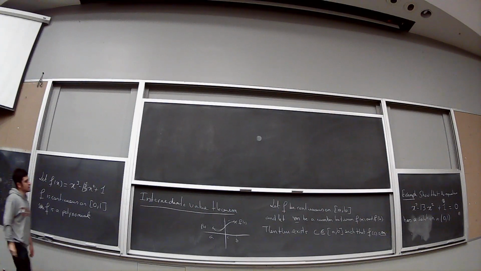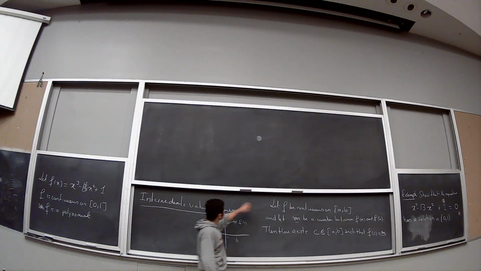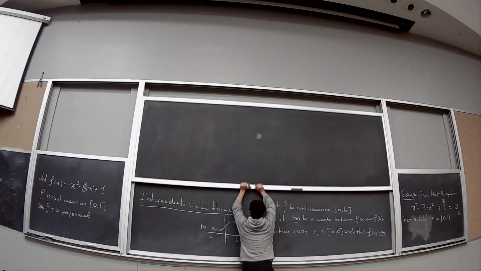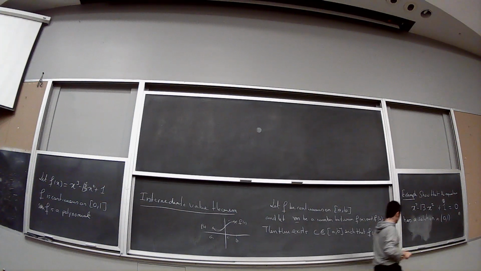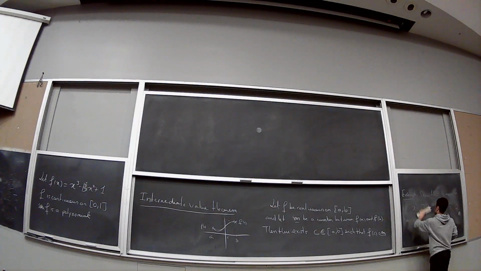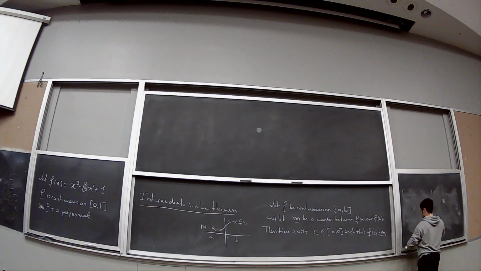Great. Now what is f of 0 in that case? Ah, shoot, wait, this one. What is f of 0? 1. F of 0 is 1. And what is f of 1?